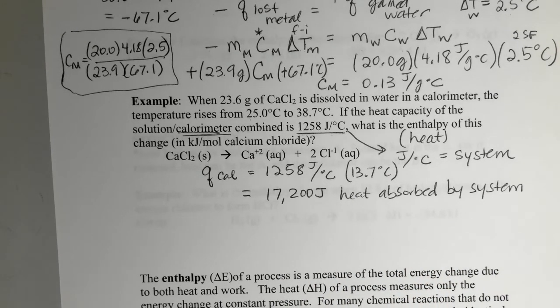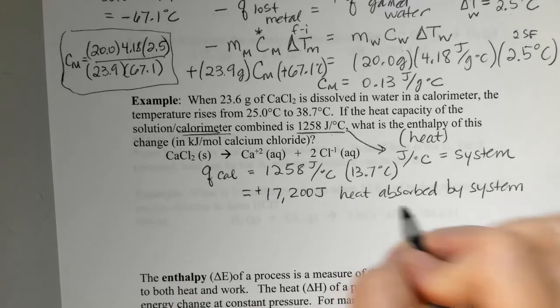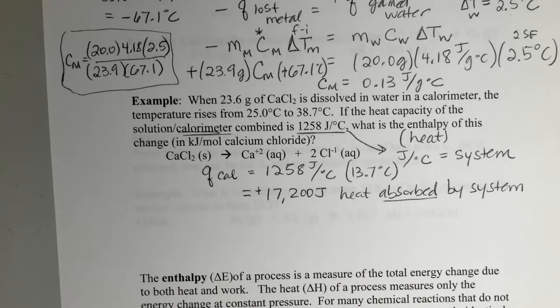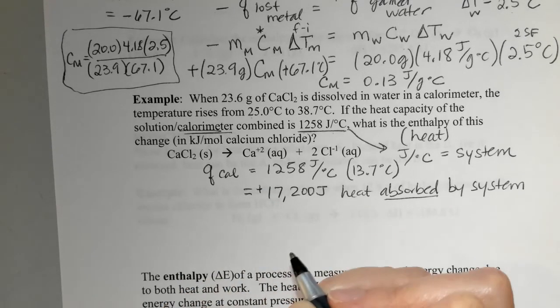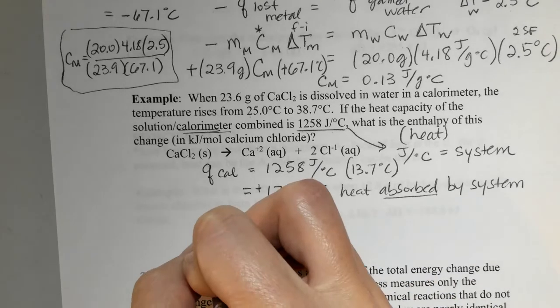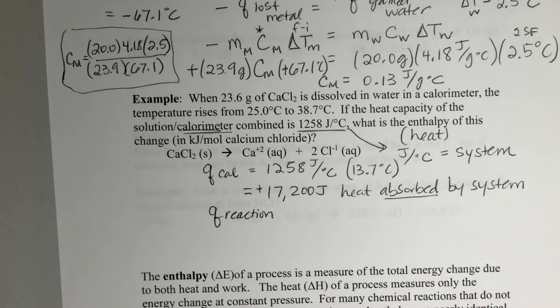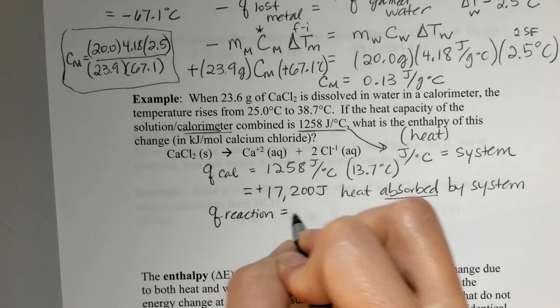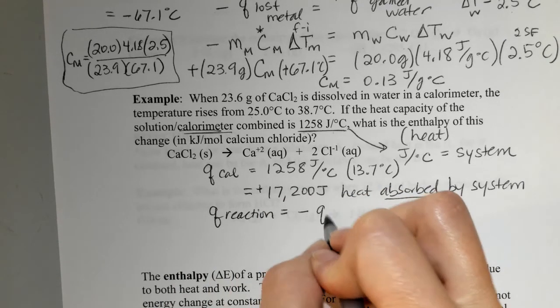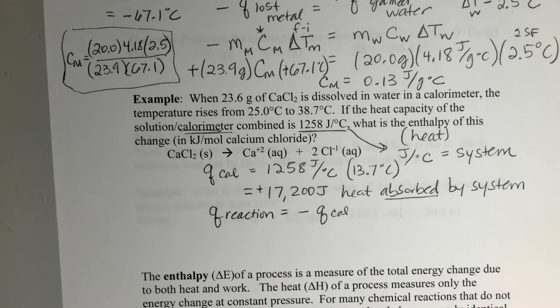Just like what we saw with the metal and the water in the previous example, that is a positive value because it's absorbed by the system. And in the heat exchange, the heat of the reaction of the calcium chloride dissolving is negative the heat for that system or the calorimeter, which means the system or the calorimeter absorbed 17,200 joules.